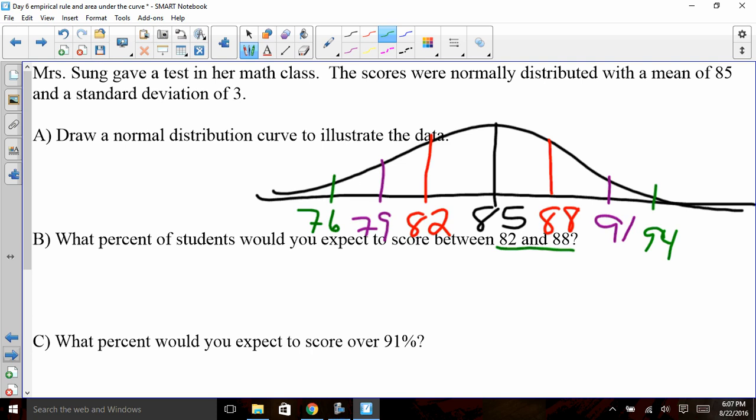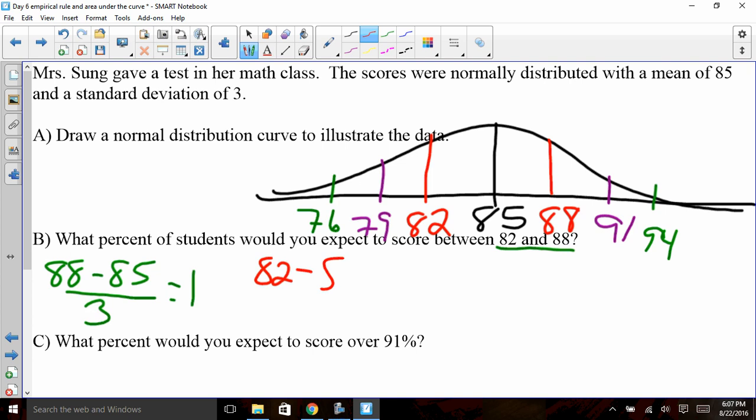So let's look at the 88% first. So I'm going to take 88 minus 85 divided by 3. Come up with 1. Okay, we're going to use that 1 in a second, so just keep it there. Don't forget about it. Next, we're going to use 82.